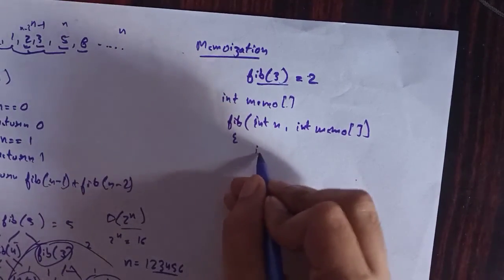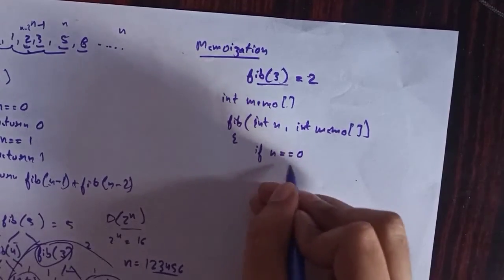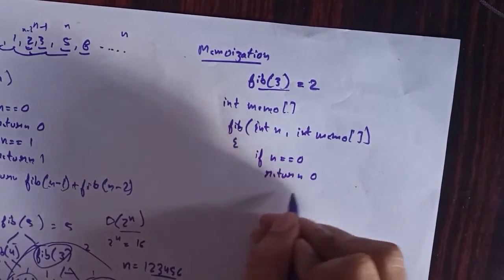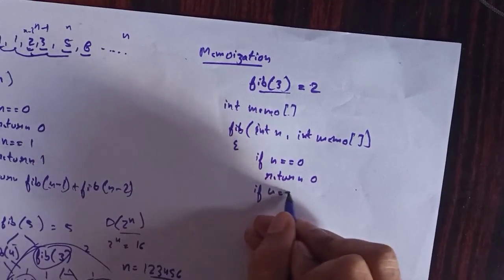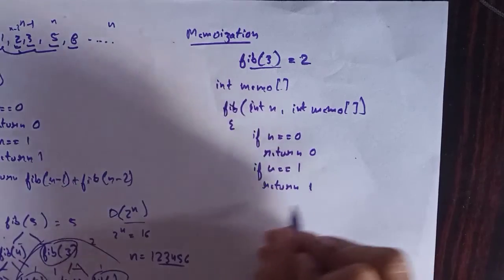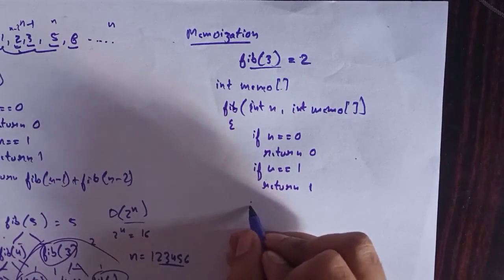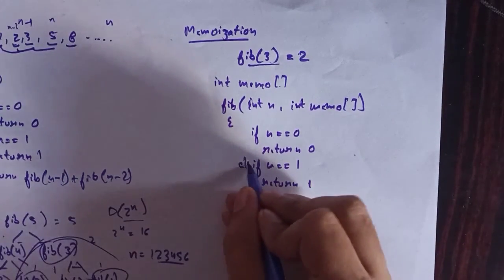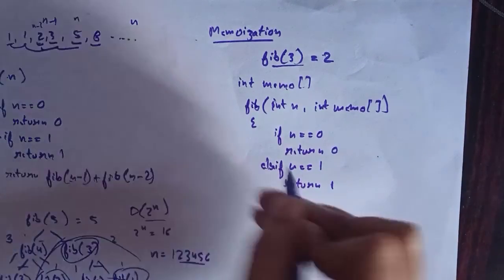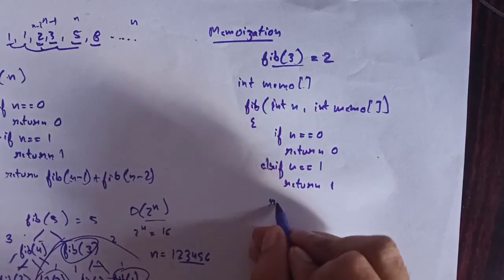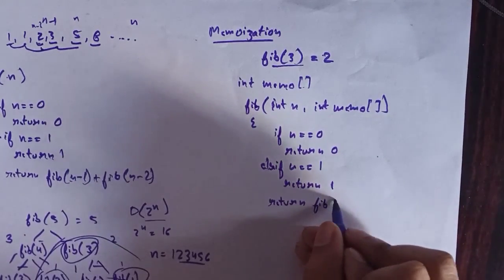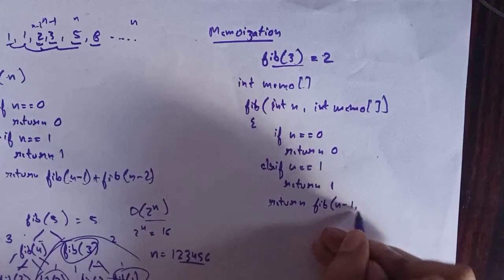The same logic. If n is equal to 0, it should return 0. If n is equal to 1, it should return 1. And for the rest, we should have done else if, and simply now we return fib of n minus 1, comma memo.